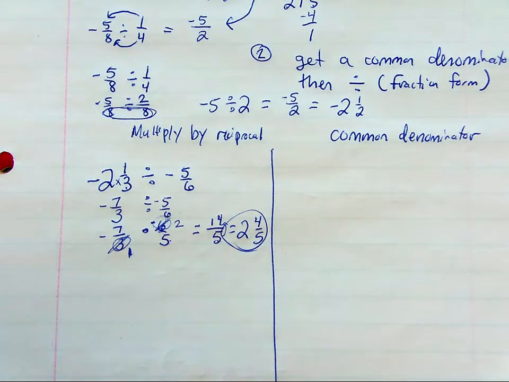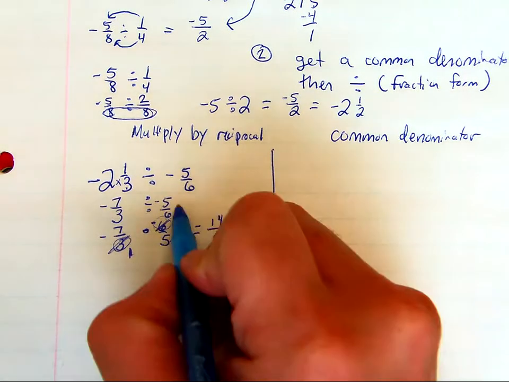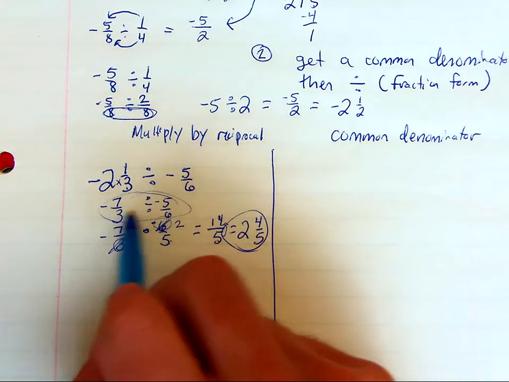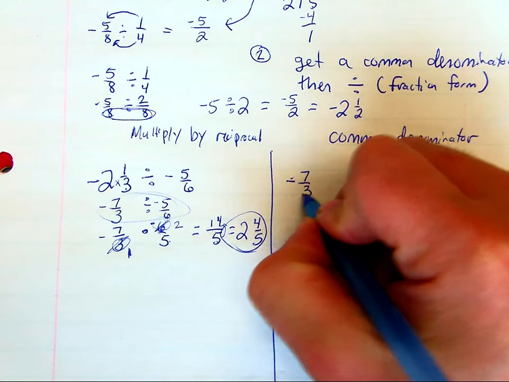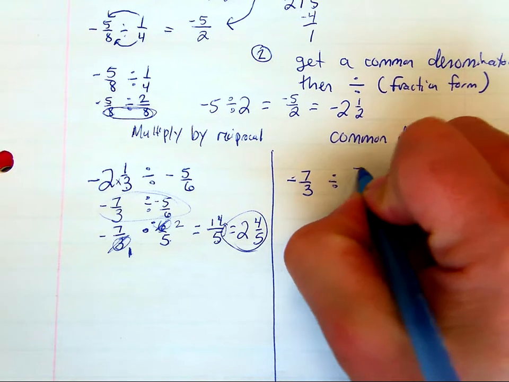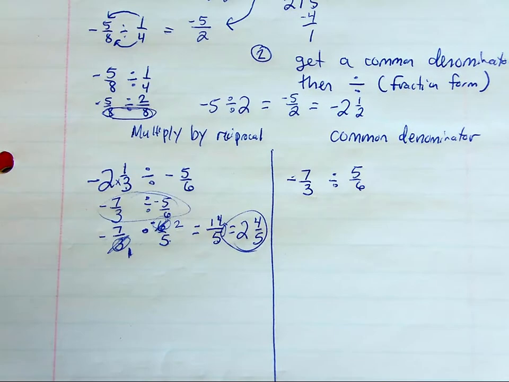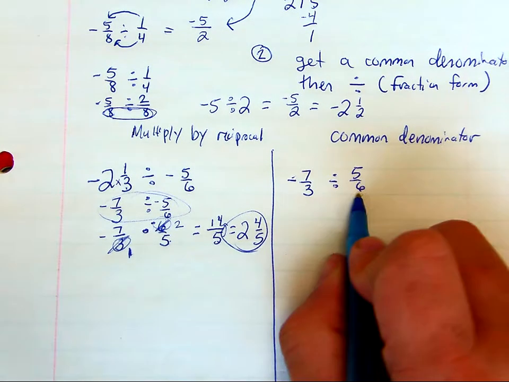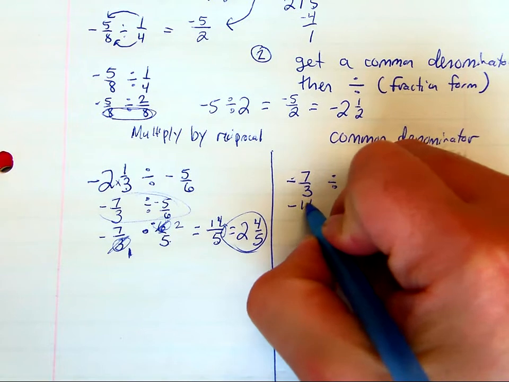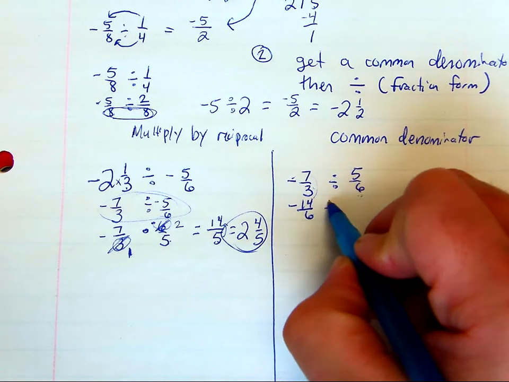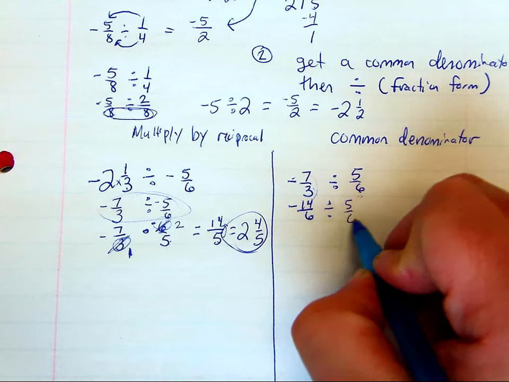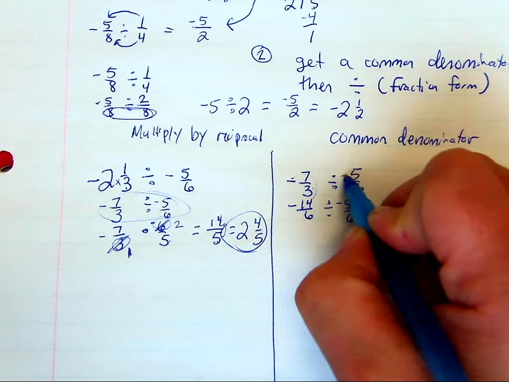If I did it the other way, I'm just going to start with this step because we already took time to do that. So if I had negative 7/3 divided by 5/6, well, I could get a common denominator of 6. So that would be negative 14/6, because I multiplied both numbers by 2, divided by, sorry, that was a negative 5/6.